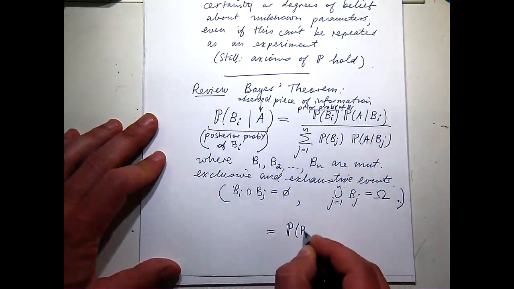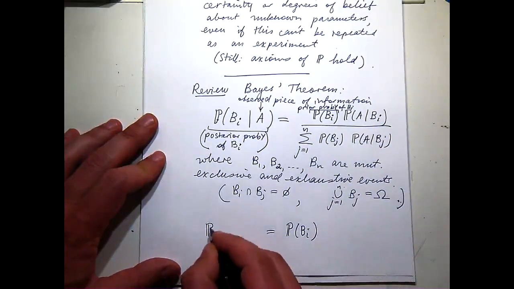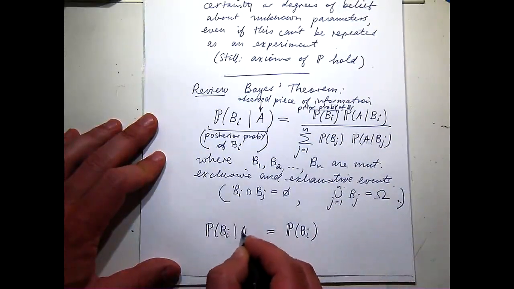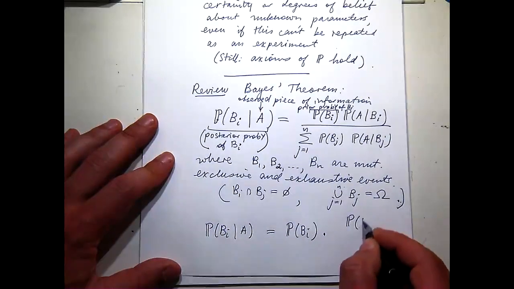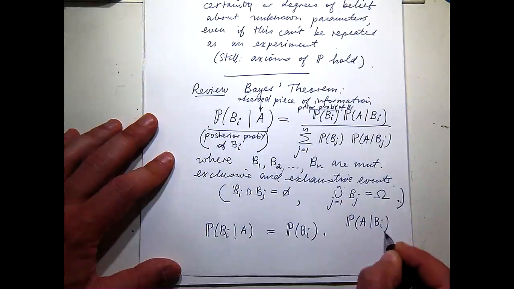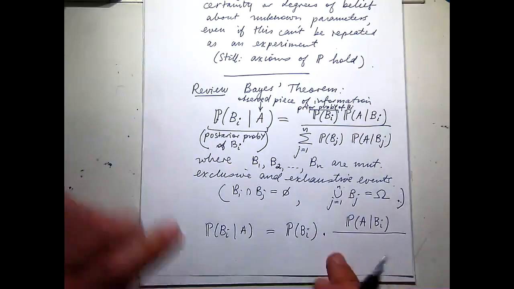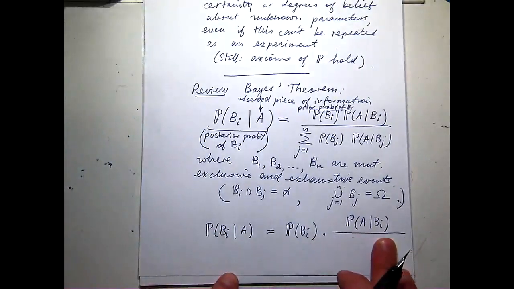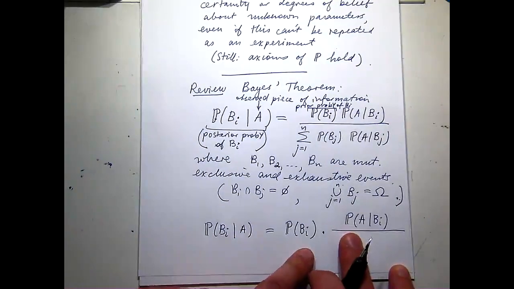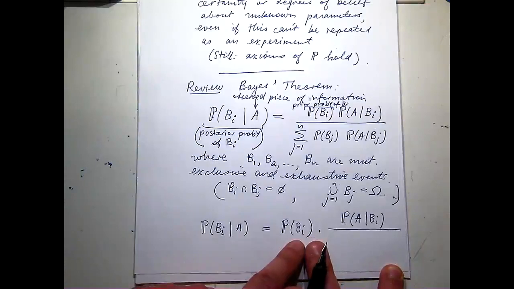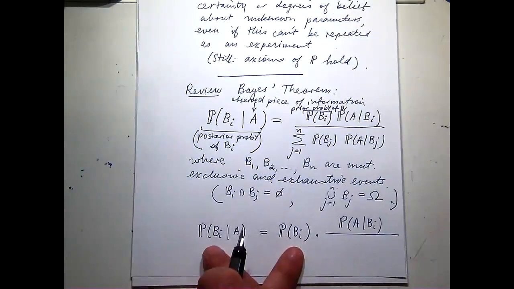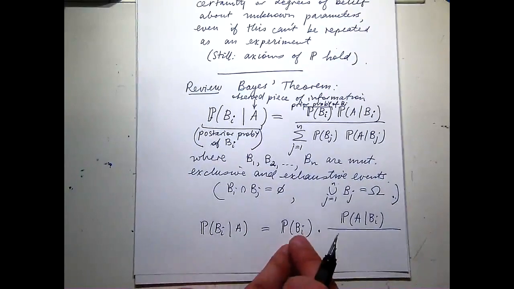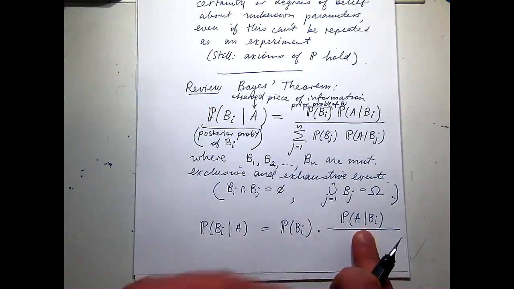The posterior, probability of Bi given A, is equal to the prior times a new factor, probability of A given Bi. In principle, I'm reweighting by the conditional probability of seeing that observation given category Bi. But I have to make sure that these probabilities still add to 1. If I just multiplied probability of Bi times this, then they wouldn't still add to 1.